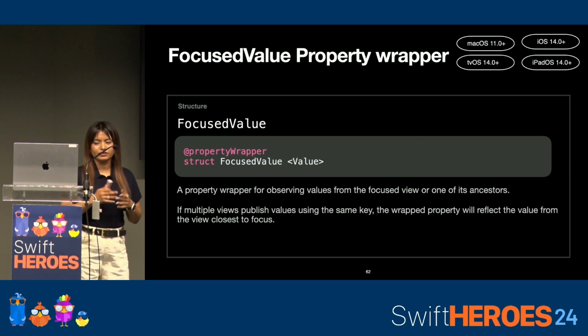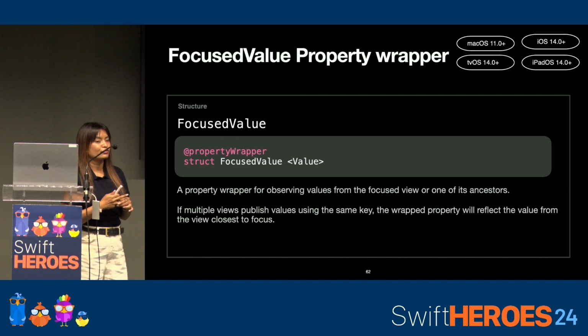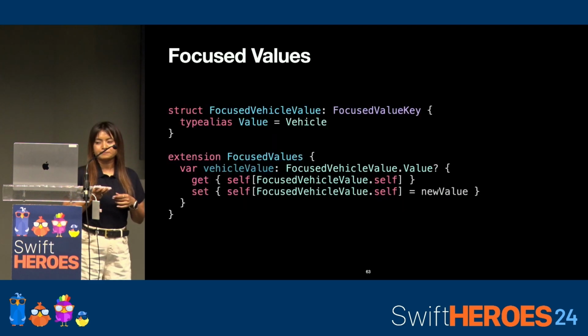I think this is a really good solution for most of your issues if you really want to know what particular thing is in focus at all times. But one issue is it only supports value types. So by definition, if you have structs, great, good for you. This one is going to work. But let's come back to this problem and see what to do if you have observable objects instead.